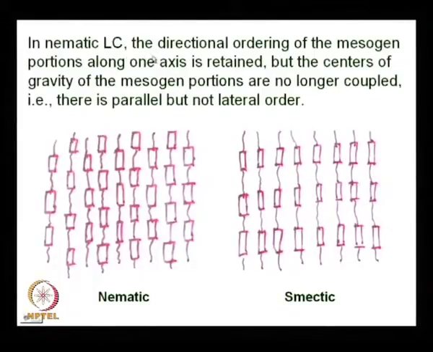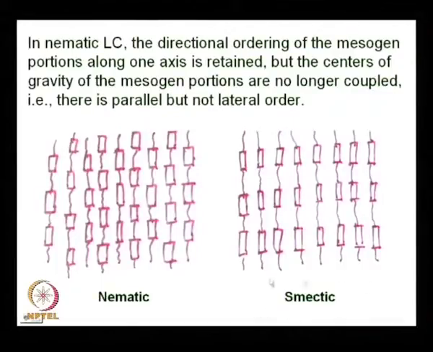In nematic LC, the directional ordering of the mesogen portions along one axis is retained, but the centers of gravity of the mesogen portions are no longer coupled. There is parallel, but not lateral order. Consider this one. This is nematic, this is smectic.